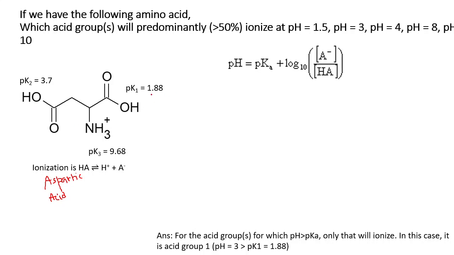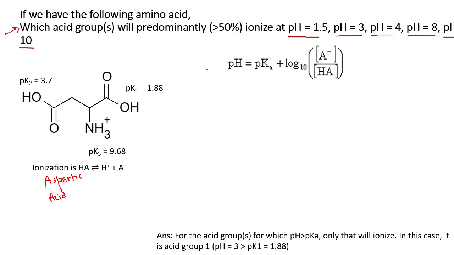These are the three pKs. pK1 is 1.88, this is alpha COOH. pK NH3 plus is 9.68 and pK2 is 3.7. The question asks which acid groups will predominantly, that is over 50%, ionize at pH 1.5, pH 3, pH 4, pH 8 and pH 10?